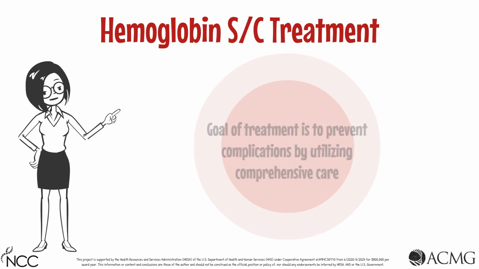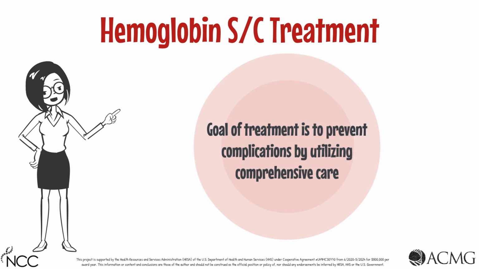The goal of treatment for hemoglobin SC is to prevent the health complications that are caused by this condition. Comprehensive care is important to prevent the life-threatening complications of hemoglobin SC disease.